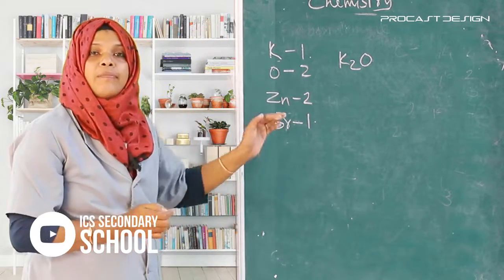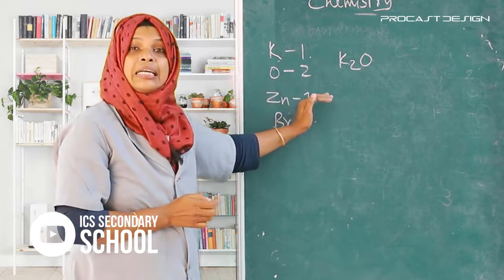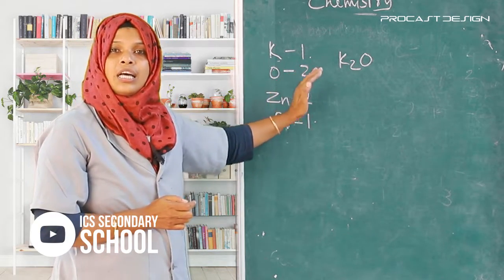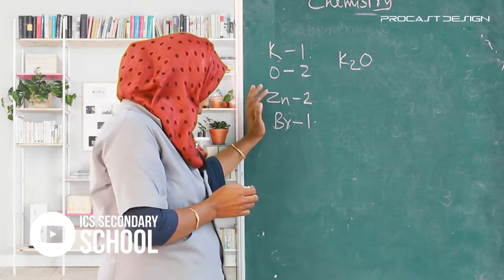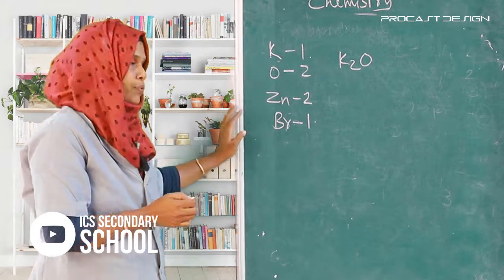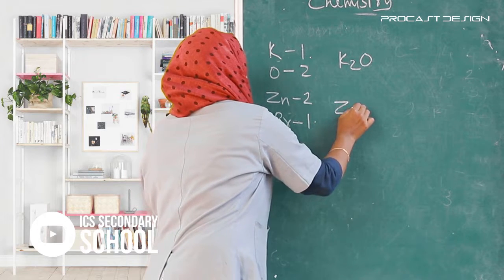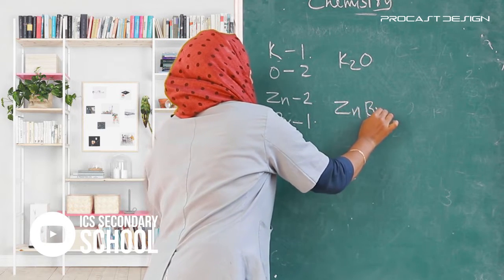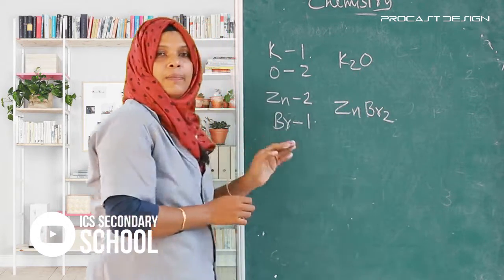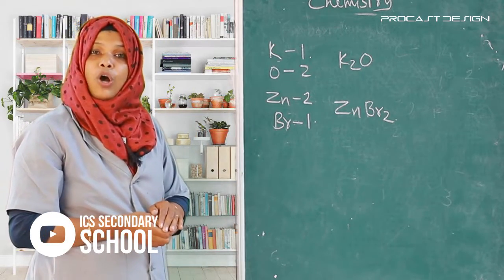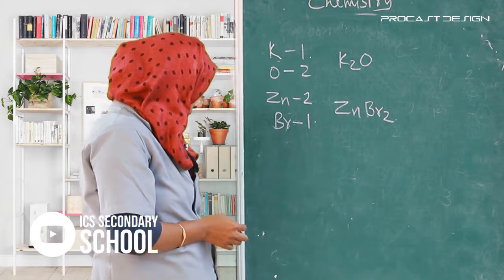The name of the compound is zinc bromide. Write the chemical formula by interchanging the valency: ZnBr2, zinc bromide.